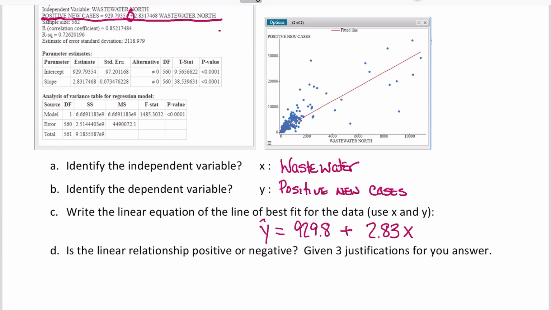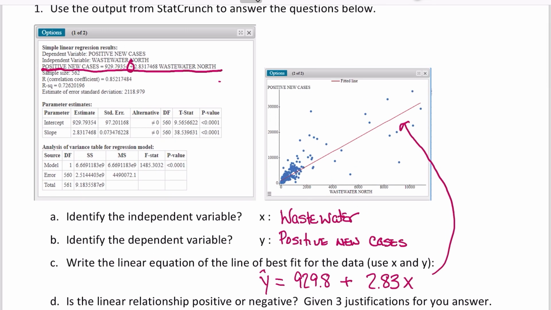So that's how you rewrite the equation using y and x instead. So that's the equation of the line that we have from the picture there.